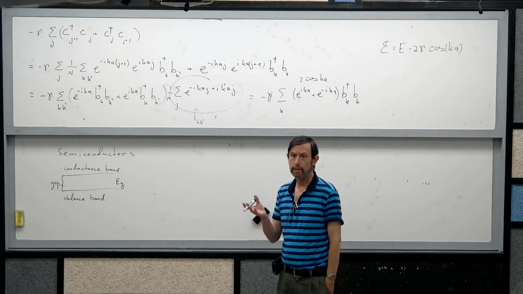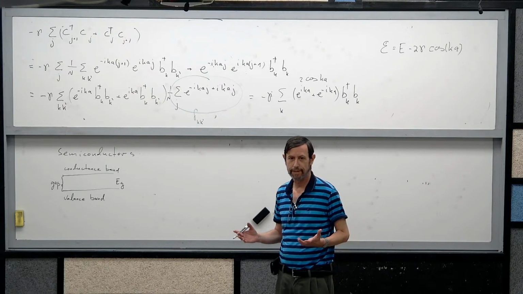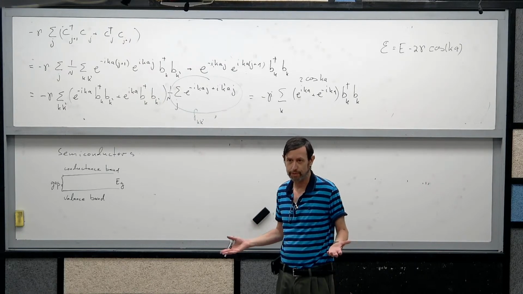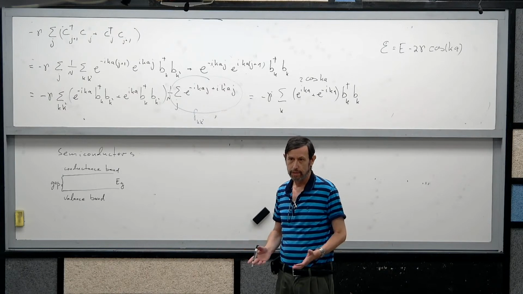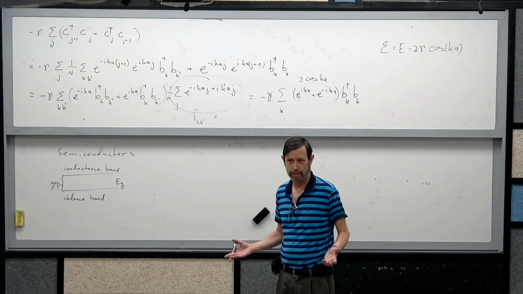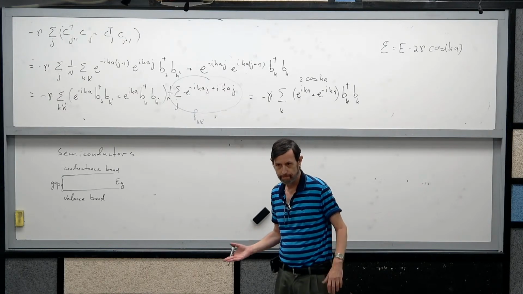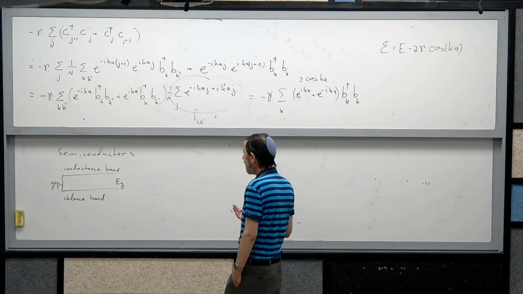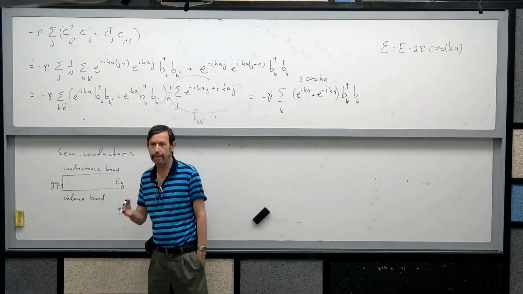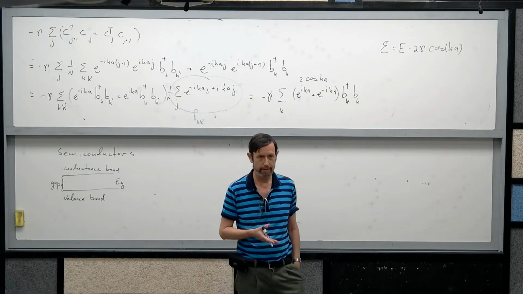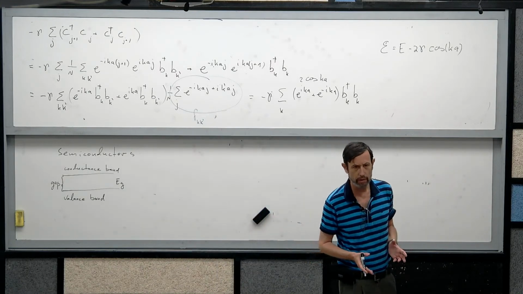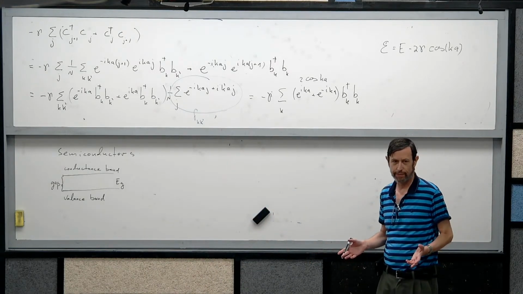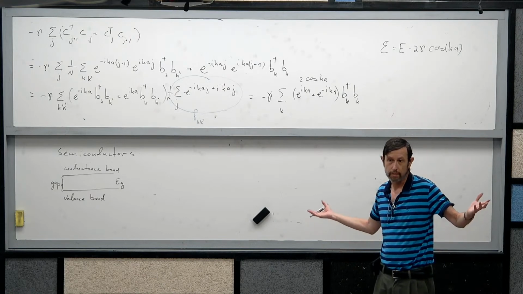The typical energy scale under which all of us live is the room temperature. So around 300 Kelvin. What is the energy available to any material at room temperature? kBT.